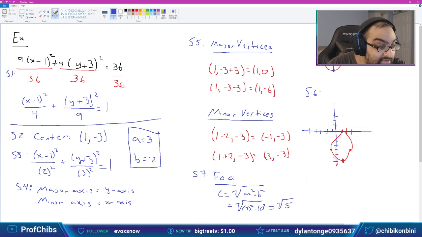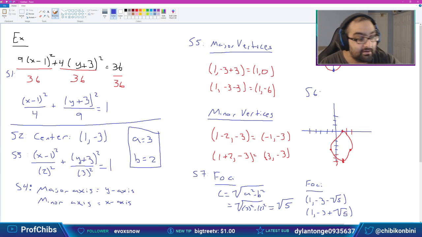So our foci are 1, comma, -3 minus the square root of 5, and 1, comma, -3 plus the square root of 5. These are our foci for this problem.